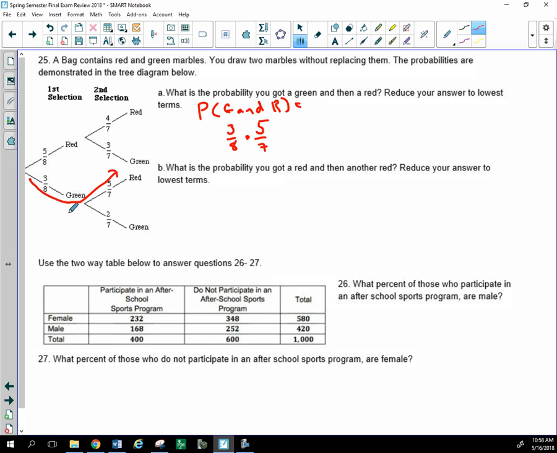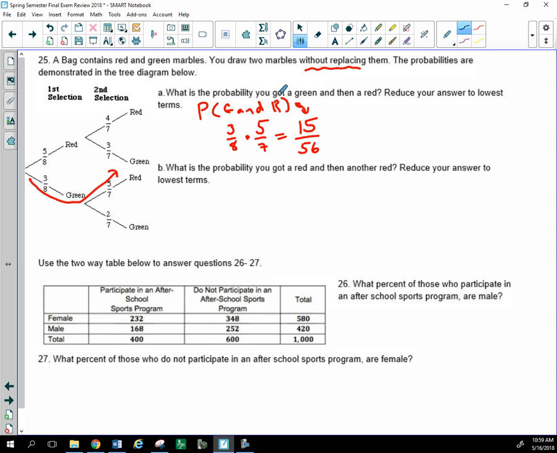Now, since the total has reduced in this drawing, as we're drawing marbles, this looks like we're drawing without replacement, and that's what it says up here. We're not replacing. So anyway, I will multiply these, and it looks like I get 15 out of 56, and I don't believe that reduces, so that is the probability that we are looking for.